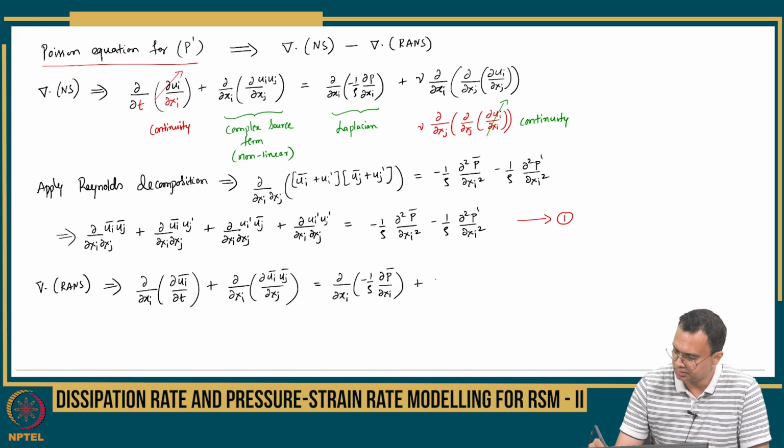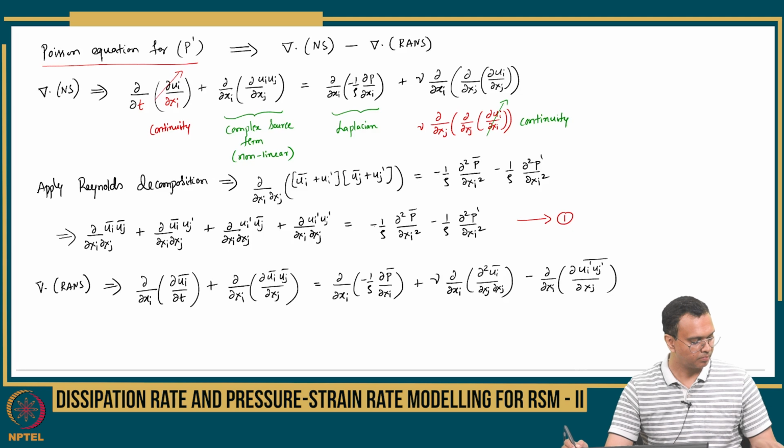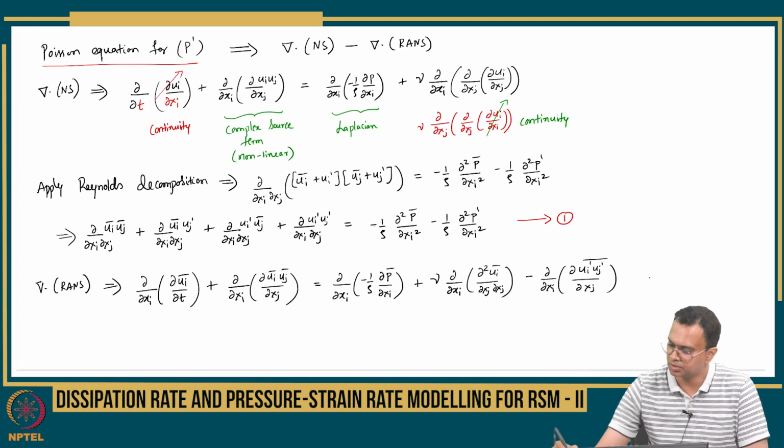So I would get nu dou by dou xi of dou square ui bar by dou xj, and then I have this minus dou by dou xi of dou ui prime uj prime average by dou xj, right? So this gives me the equation 2 here.